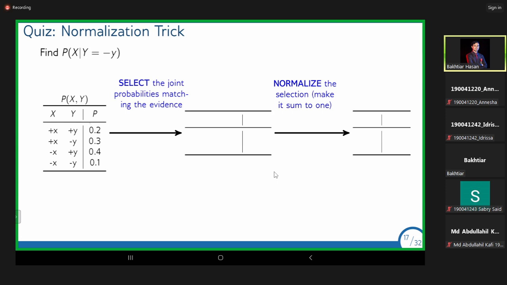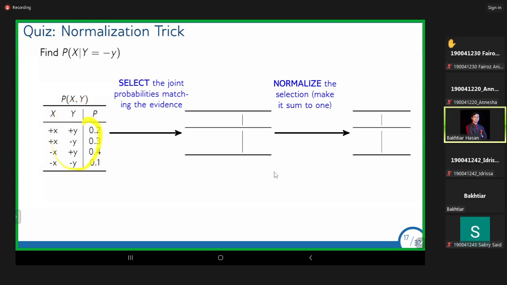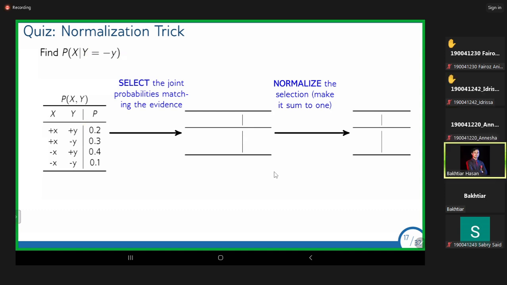The first question is: whenever we have this joint distribution table, we perform the select operation. Which rows should we select? Given that the evidence is minus y, it should be the second and the fourth row.